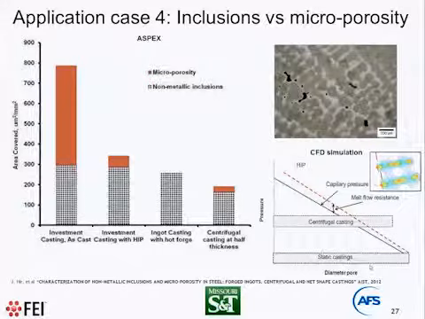If you look at this picture of a theoretical calculation of what kind of pressure we need to develop to feed these pores, we can see that we need huge pressure when we have small pores, and this pressure does not exist in static casting, and then we have microporosity. In centrifugal casting, we have the possibility to remove some pores, but it is also not possible to remove all pores.